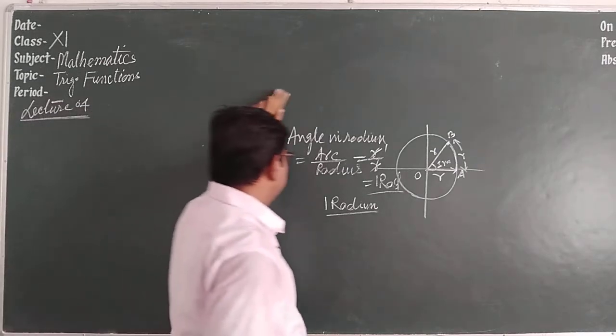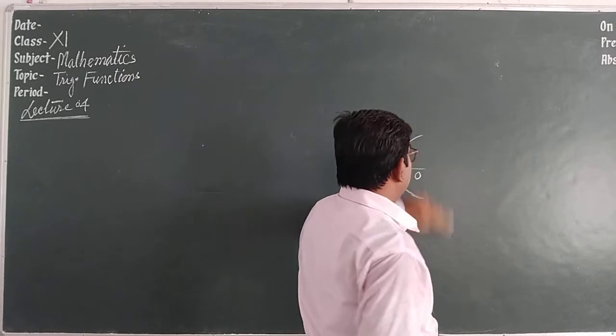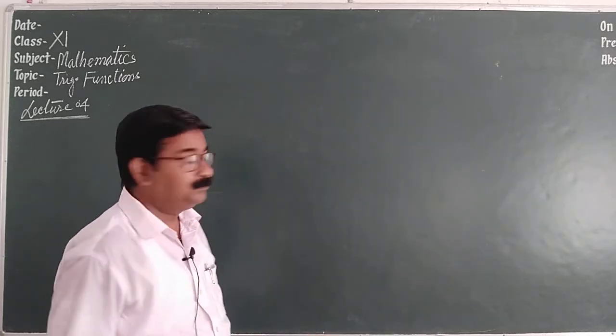Now let's see how to convert a degree angle into radian.